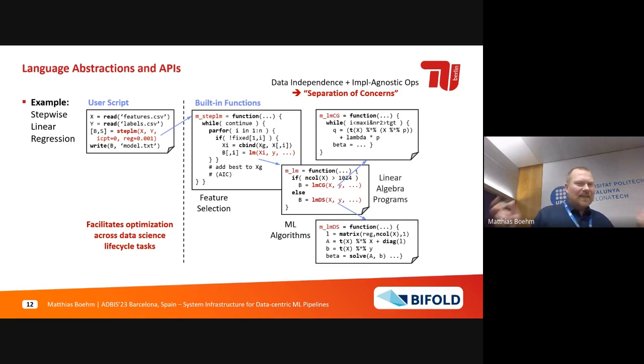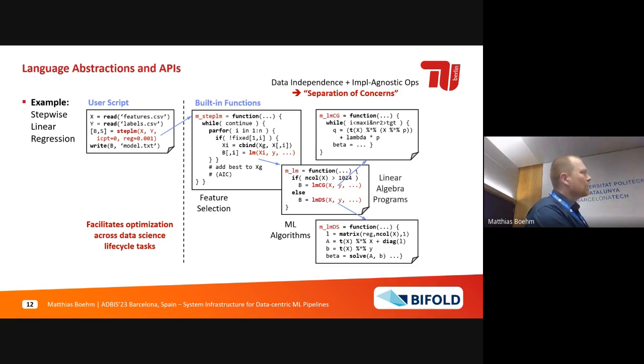Now, SystemDS in general, the separation of concerns, I hope you see that in those algorithms. By the way, don't get distracted by this percent star percent, which is just a matrix multiply, because in R, percent is a way of defining new infix operators. The matrix package in R decided that percent star percent is the matrix multiply. We inherited that.